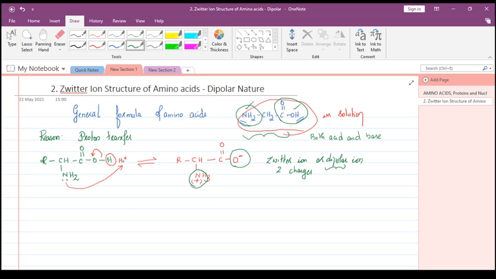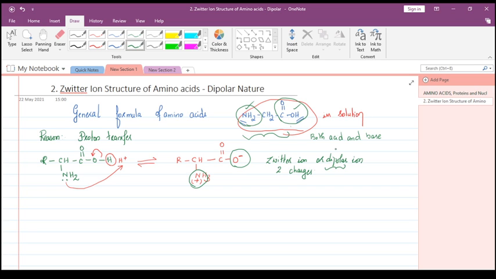H remains as H plus. Nitrogen, which has a lone pair of electrons, has the tendency to accept this proton. As a result, you have a product in which one side has a negative charge and the other side a positive charge. So in the same molecule you have two charges, that's why it is called a dipolar ion or zwitterion. A zwitterion is an amino acid molecule containing both positive and negative charges.